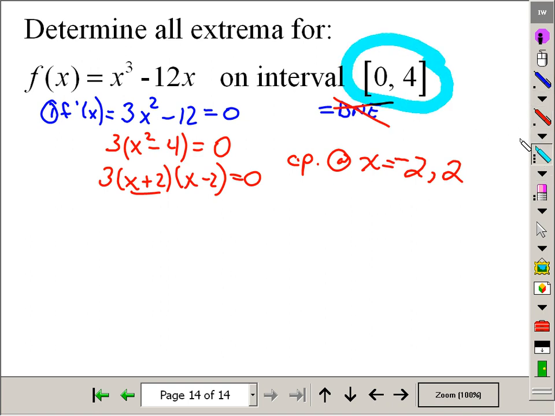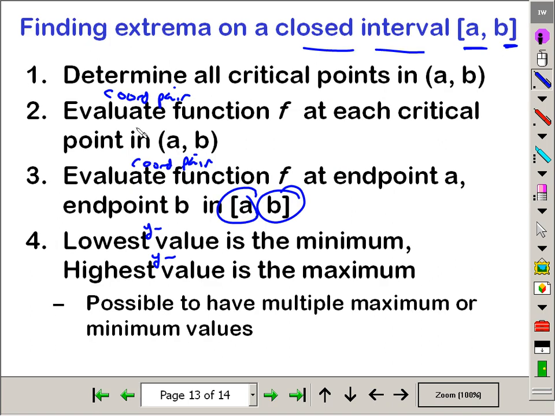However, we're going to throw out one of these because my bounds only go from 0 to 4, so I'm not going to include negative 2 because it is not within our bounds. So our critical point is at x equals 2. So step 1 is done.